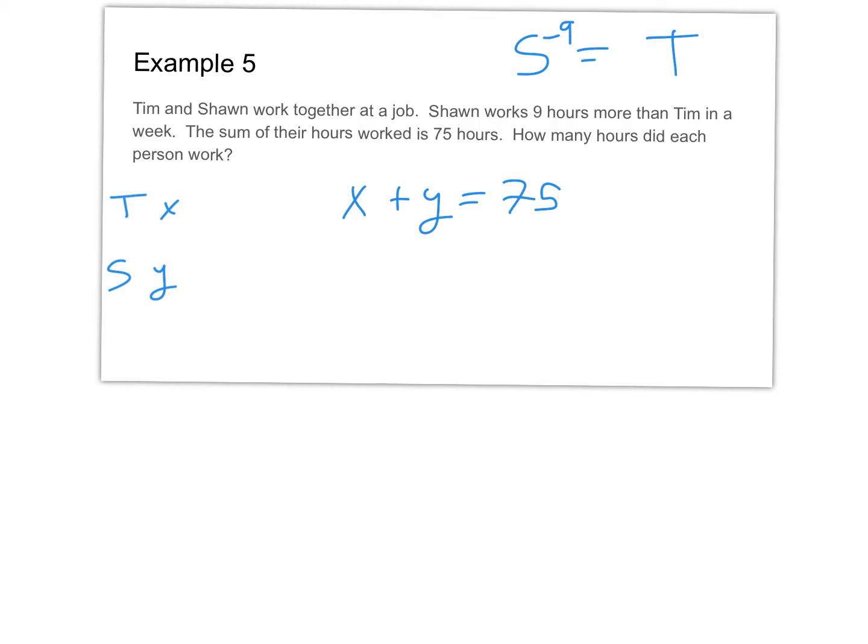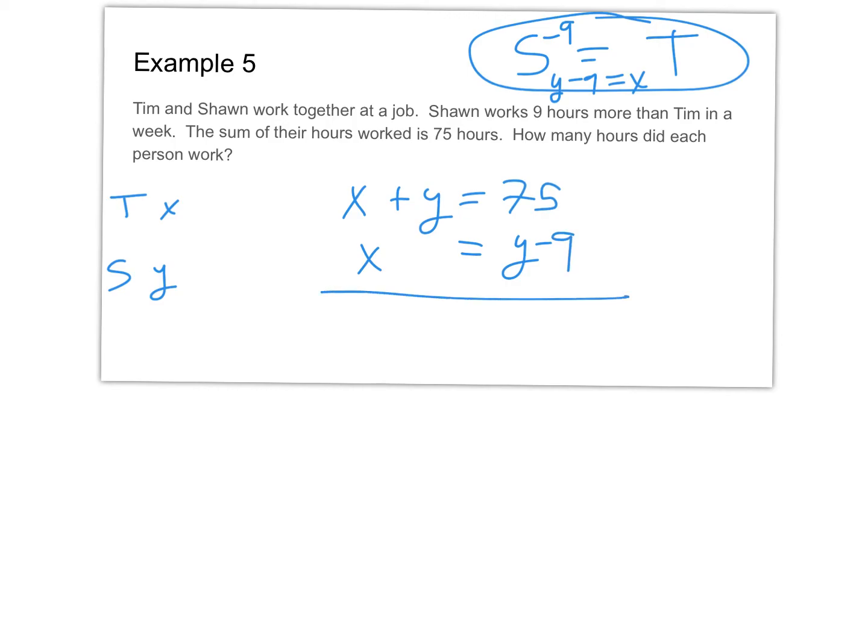Or if you're going to work the other side, Sean actually worked Tim's hours plus 9. So again, it all depends on how you want to look at it. I'm going to go with this route. So Sean's hours, y minus 9, is going to equal x. So I'm just going to write that into my equation as x is equal to y minus 9.